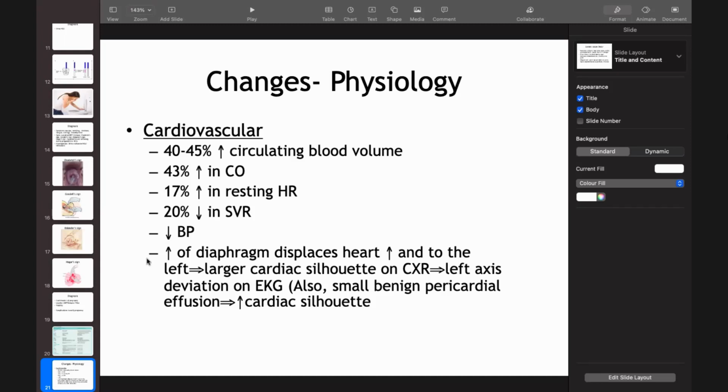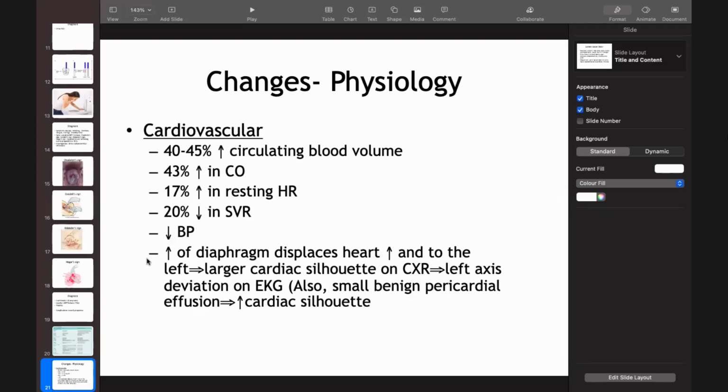Okay, physiological changes. Cardiovascular physiology is very important. That is the most important system that changes in the body. Circulating blood volume increases. These physiological and anatomical changes occur in order to facilitate the pregnancy, facilitate the delivery, and give nourishment to the baby.